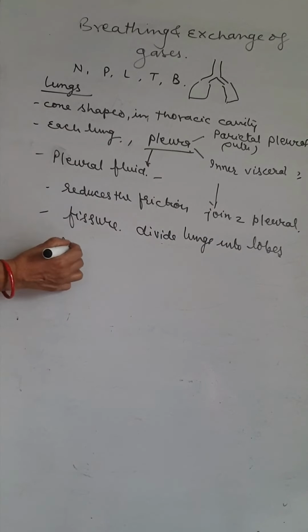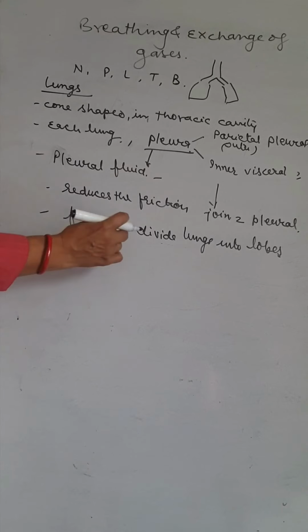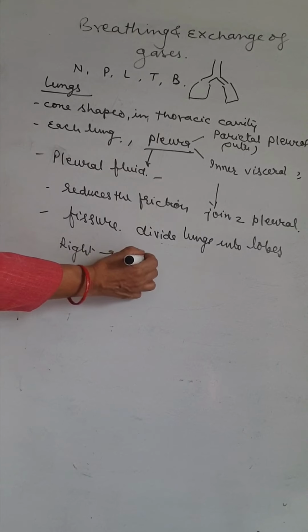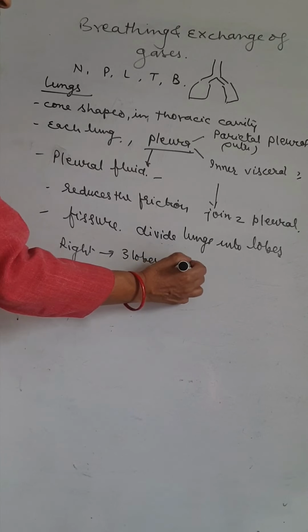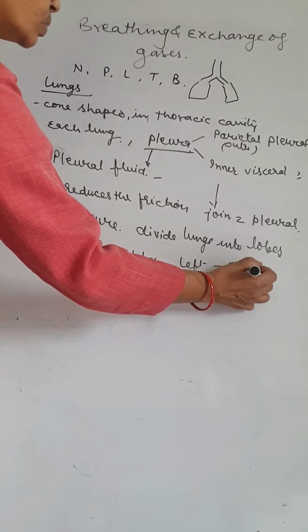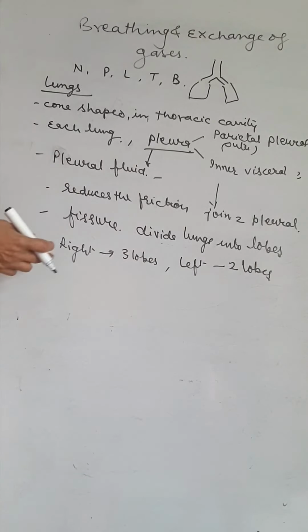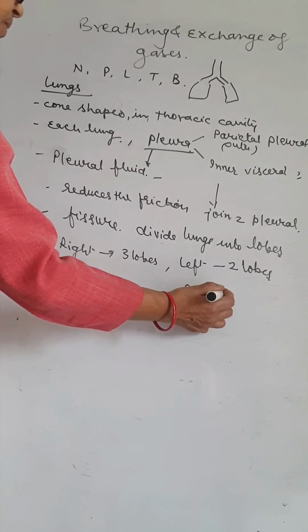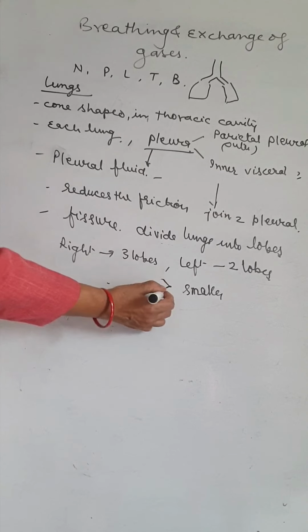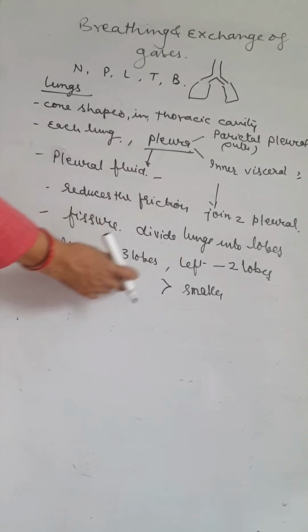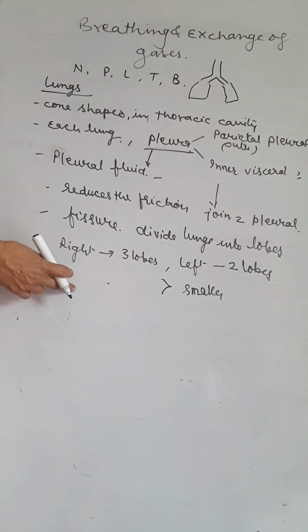The right lung has two fissures, so it has three lobes, and the left one has one fissure, so it consists of two lobes. The left lung is smaller than the right one, which is larger in size.